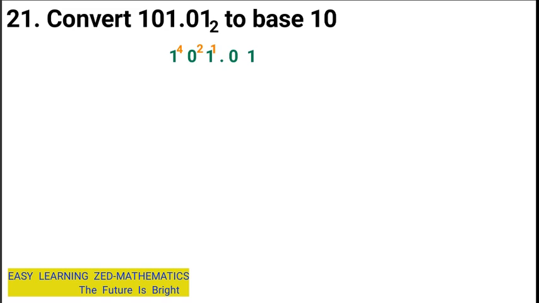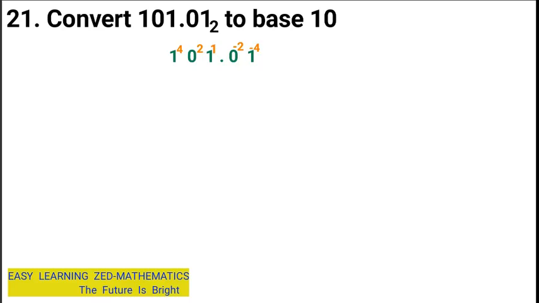It is 2^-1, that is, -1, and the next digit, which is 1 on the right side, is -2. Okay, so now I'm going to multiply each digit by its place value.